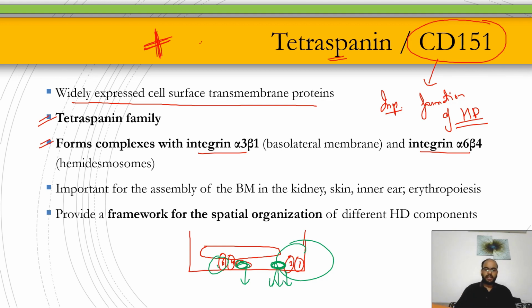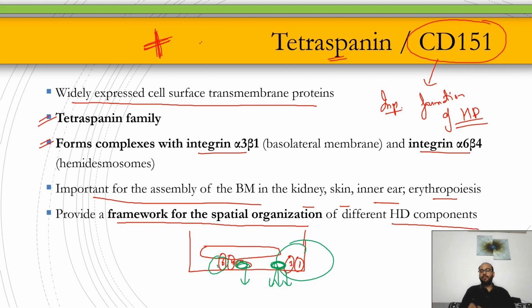Am I clear on that? So that is the importance of CD151 or tetraspanin. It is important for assembly of basement membrane, kidney, skin, inner ear. It is very important for erythropoiesis also. The main function is to provide a framework for spatial organization of different hemidesmosome components. So to provide a framework, and on top of that framework, other proteins will get together and attach and will form good hemidesmosomes.